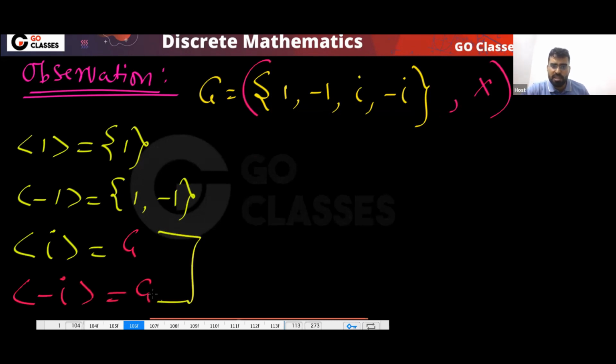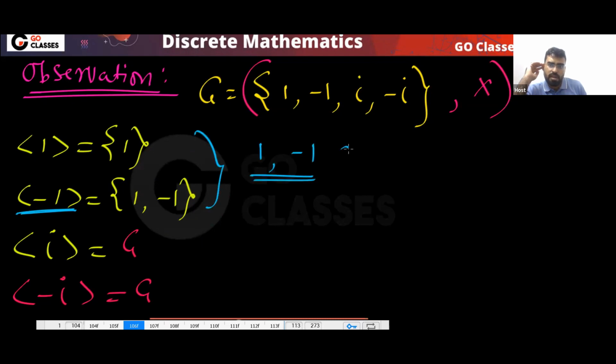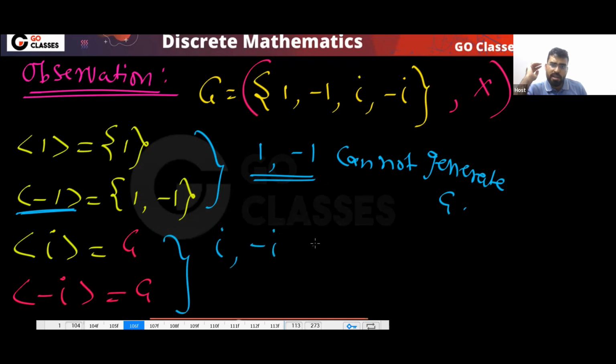Can you notice that these two elements have the power to generate G itself? 1 and -1 cannot generate G. But iota comma minus iota can generate the whole G.